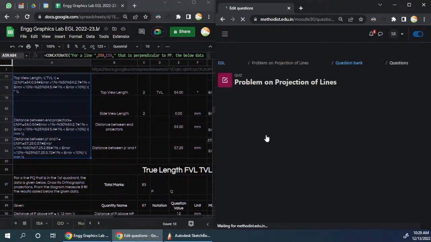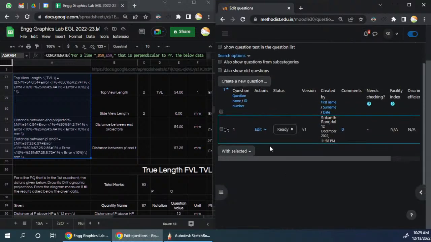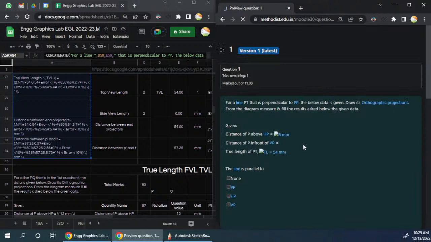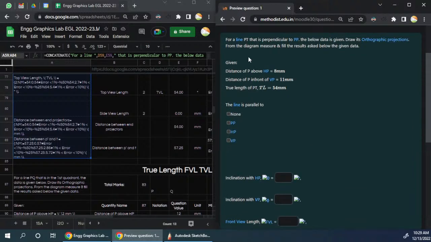I guess we also need to check the preview before finalizing it, because last time what happened is the configuration was pretty wrong. So for a line perpendicular to PP, we have to draw it through the configurations. Everything is fine. Alright.